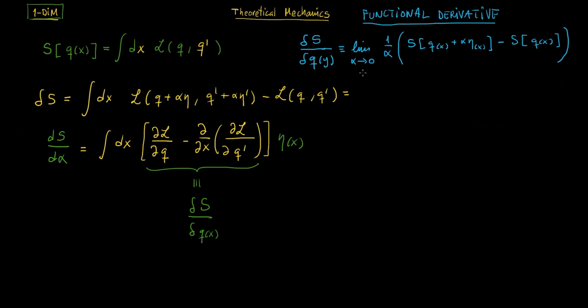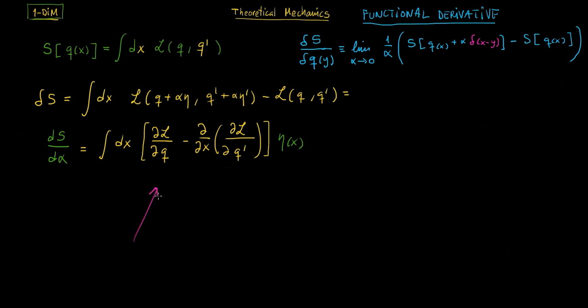This is the usual way that mathematicians define these kinds of things, but in order to be more practical, physicists decided that it's better to put a delta here. Let me make some space: delta x minus y. This is obvious because if you follow the same steps in order to arrive here, you will get here a delta x minus y.